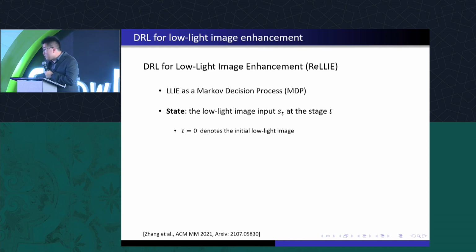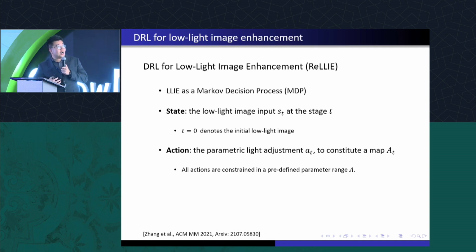Okay. So I think here the key is that we're trying to model the whole low light image enhancement as a Markov decision process rather than a deterministic one-to-one mapping, using deep reinforcement learning. Here the state refers to the low light images, but not necessarily the initial images. They can be intermediate images, after we run this agent several times, right? And the action here is a parametric light adjustment, A_t, which we're going to talk about later.